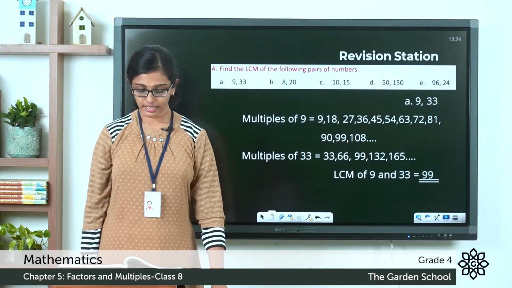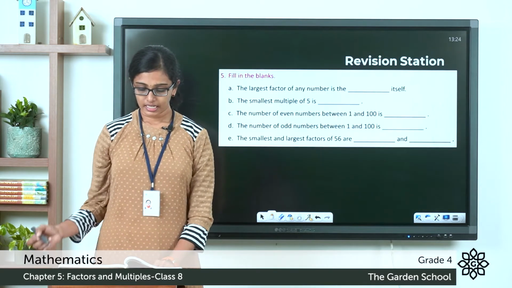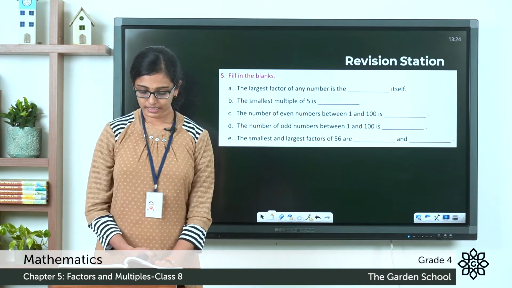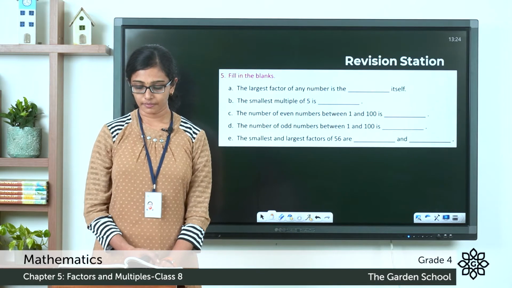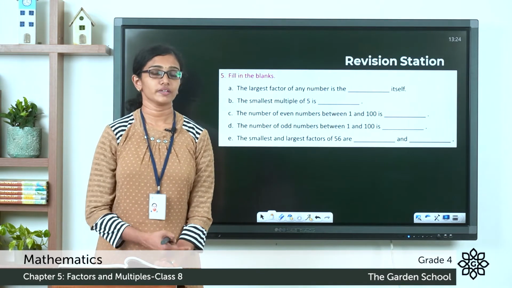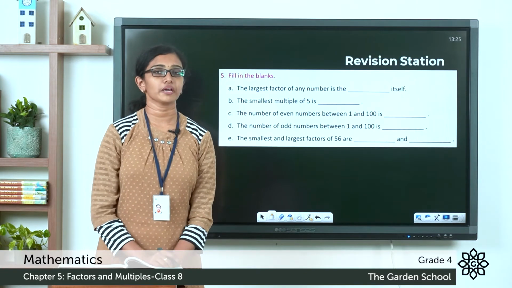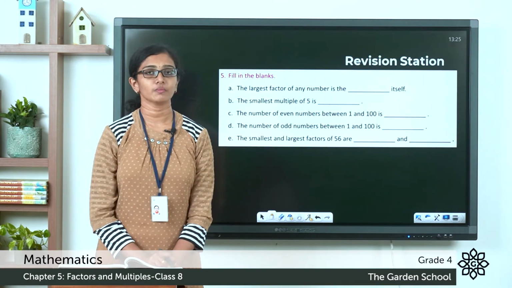Now, let's see the next question. Fill in the blanks. You have a set of 5 questions there. In the first question, the largest factor of any number is the dash itself. When we learned about factors, we learned that for all numbers, 1 will be a factor and the number itself will be a factor.